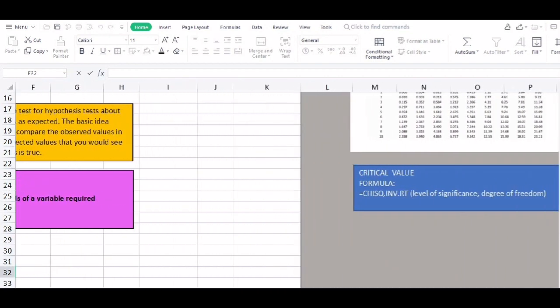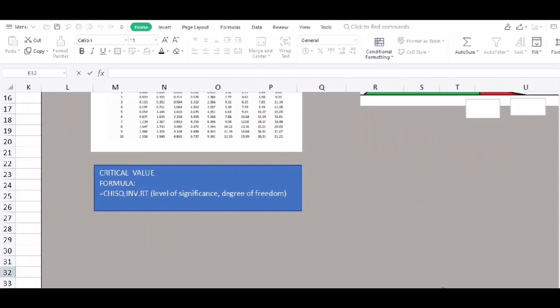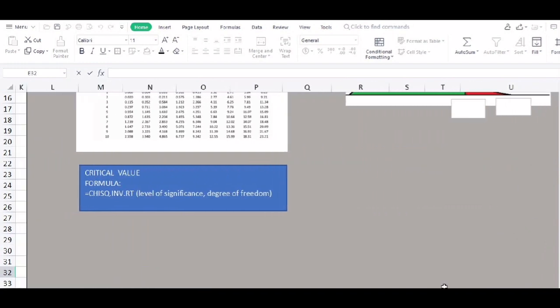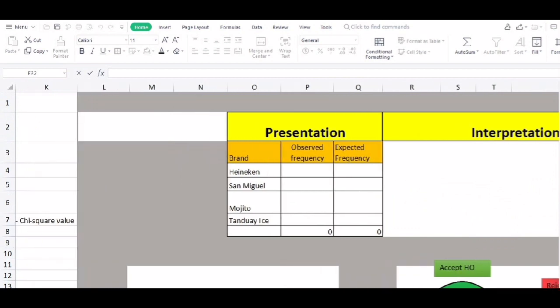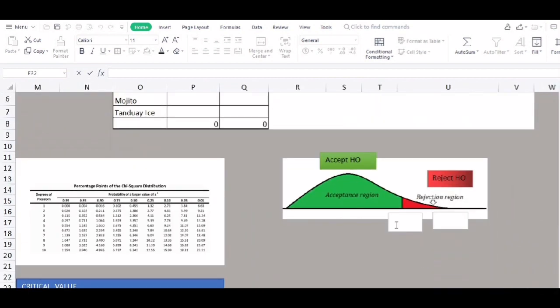So let's move on for the critical value so that we can test our null hypothesis. Are we going to reject it or accept it? The color green is the acceptance region. And then the color red is the rejection region.